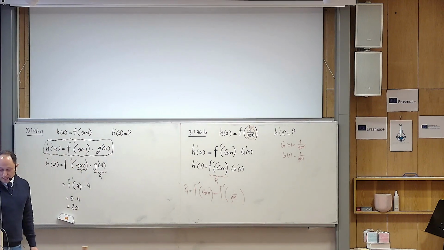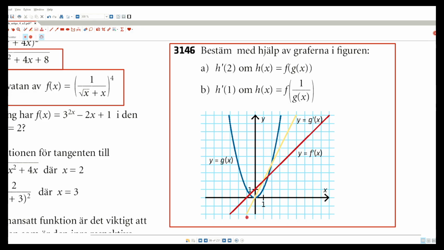So this means that I have a goal in mind. I am not looking at the graph randomly now. I know what I need by looking at the graph. I need G of 1. So what should I do? I need to go to the blue curve and find point 1, go upward, find the intersection, go horizontally and find my point, which is 1.